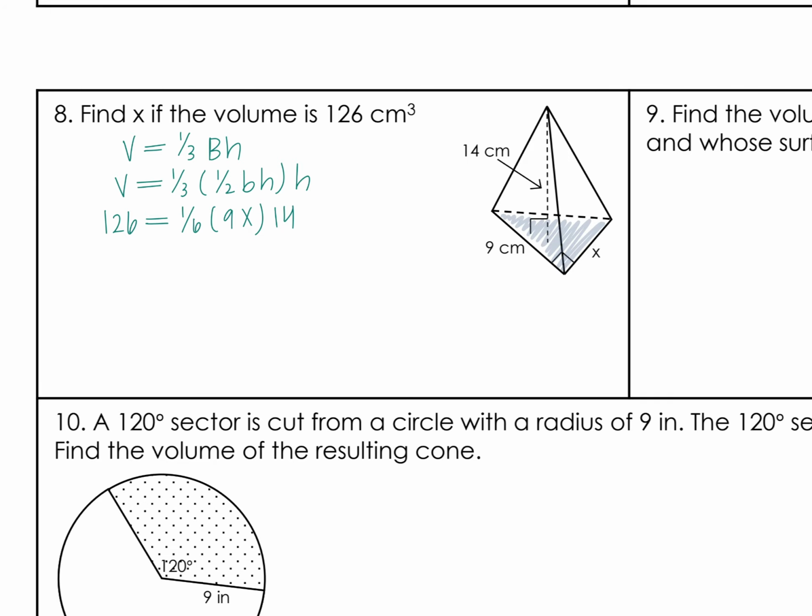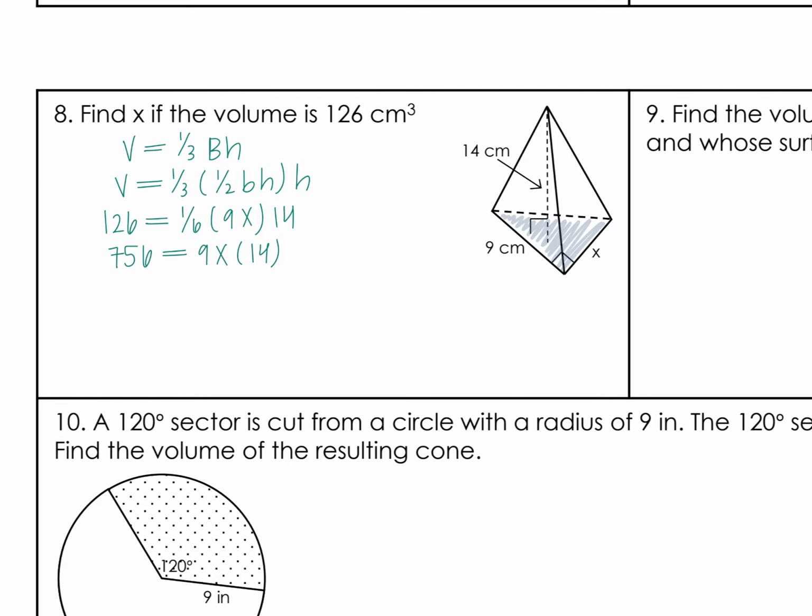What I'm going to do here is multiply both sides by 6 so I can get rid of that fraction. When I do that, I'm going to get 756 is equal to our 9x times 14.